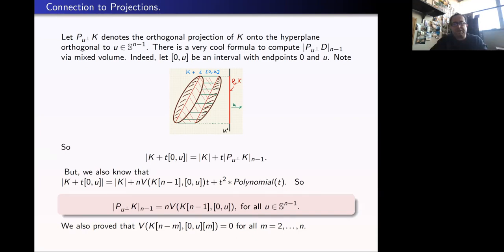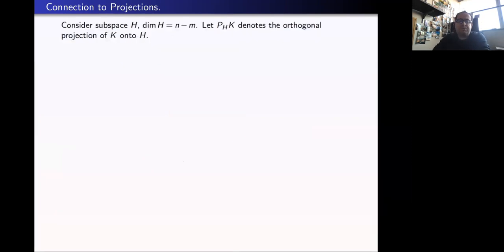So this is an explanation why in a mixed volume, if you don't have enough dimension, when you have a repetition of 0U, it doesn't add a dimension. You would not reach dimension n. You get them to be equal to 0.